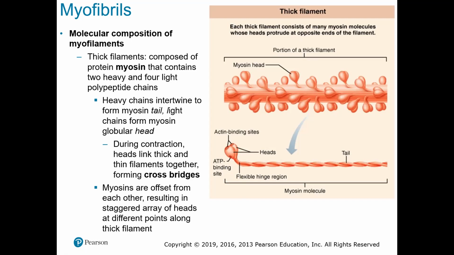So you'll have about 300 myosin molecules and about 600 myosin heads in a thick filament. And there are billions of thick filaments in a muscle cell. In one cell, you're going to have billions of these filaments. The thick filaments make up the bulk of the dark band.